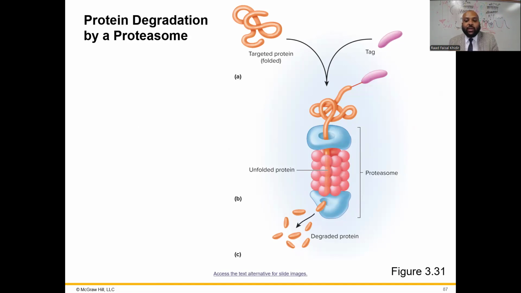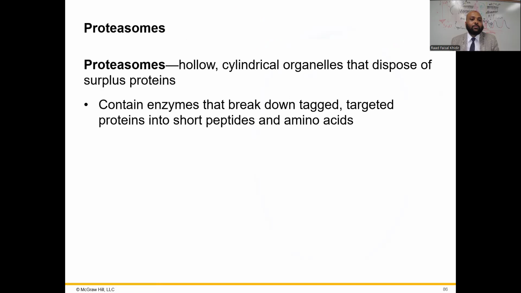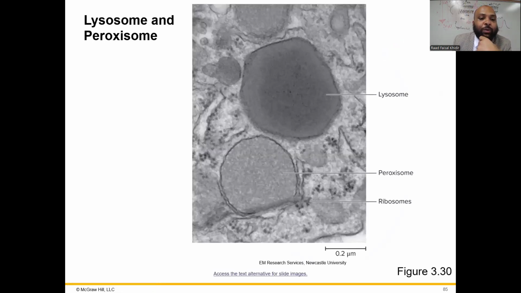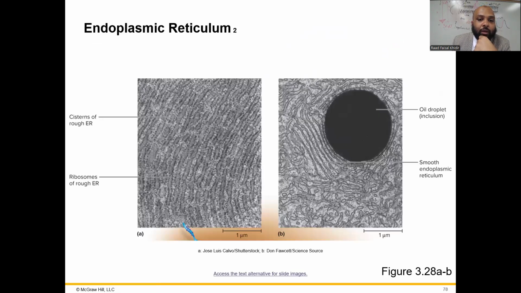And then it goes inside the proteasome and it comes out as degraded protein. Proteasomes are hollow cylindrical organelles that dispose of surplus proteins. They contain enzymes that break down targeted proteins into short peptides.